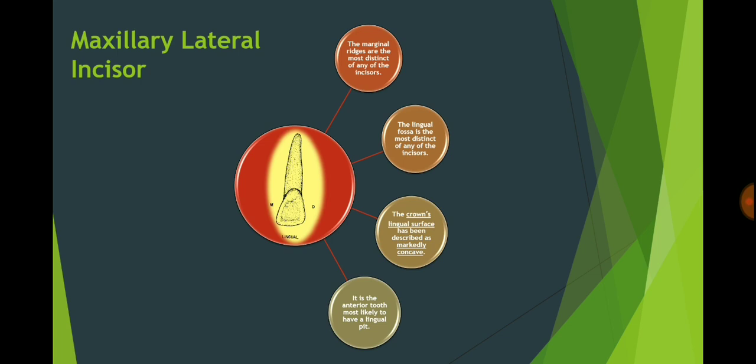What is the anterior tooth most likely to have a peg-shaped tooth? It's maxillary lateral incisor. What is the anterior tooth most likely to have dens indentes? Maxillary lateral incisor. Okay, so keep that in mind.